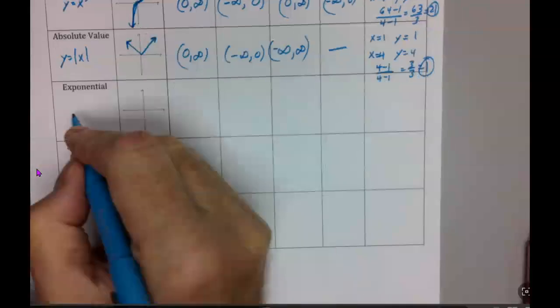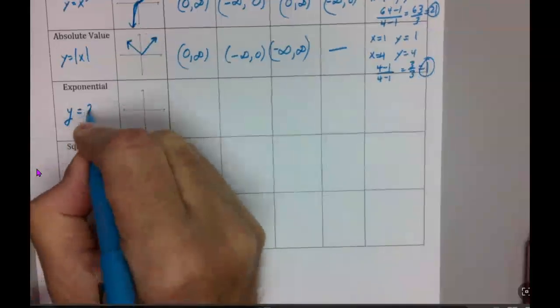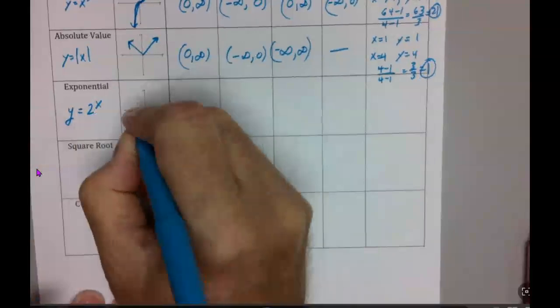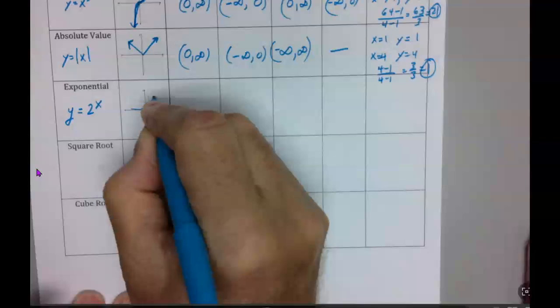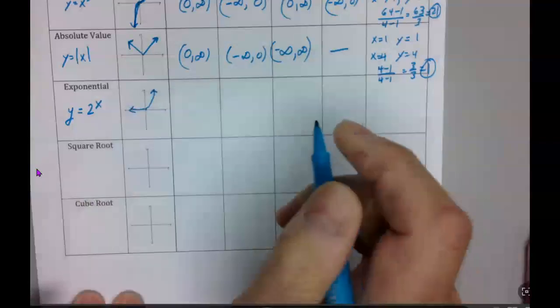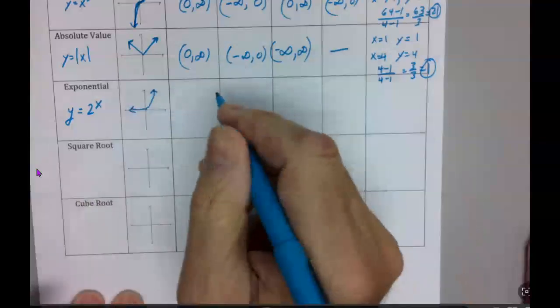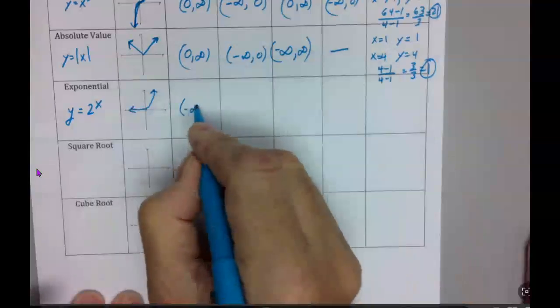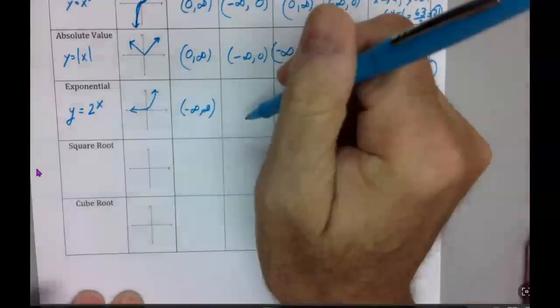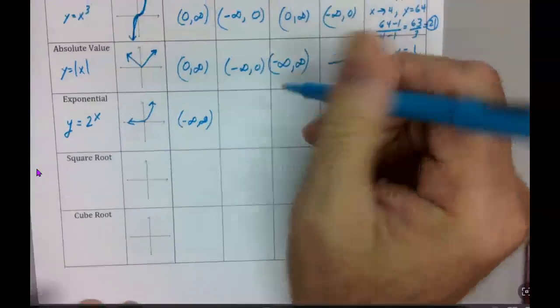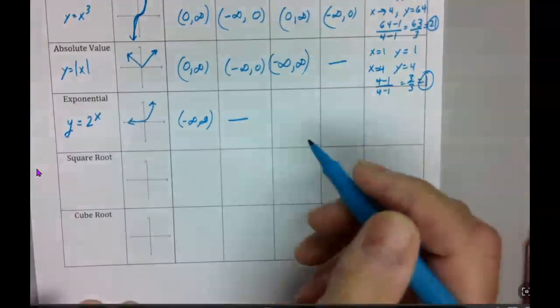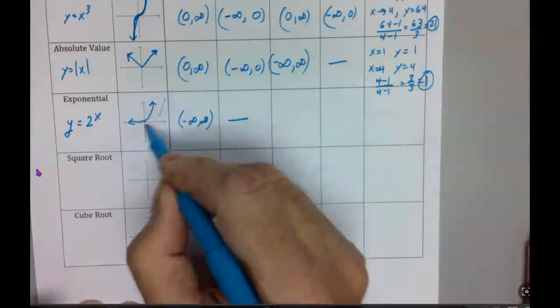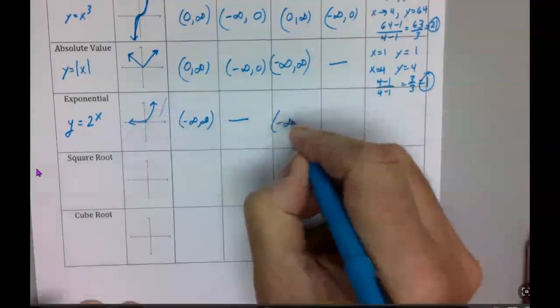Exponential, I'm going to use y equals 2 to the x, so it looks something like this. Okay, it's increasing the whole time from left to right. It's decreasing never. It's positive because it never goes below the x-axis the whole time.